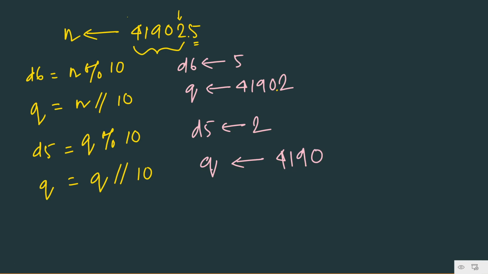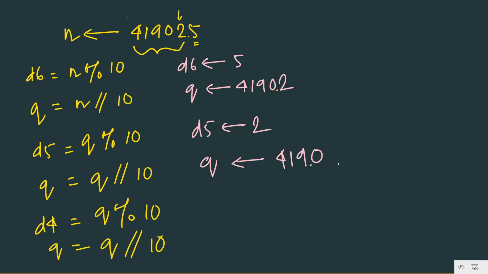Again, with that q, you divide it by 10: q modulo 10 and take the remainder, that's your fourth digit D4, and q equals q over 10. So q was 4190, and when you divide it by 10, you get 419 decimal 0.